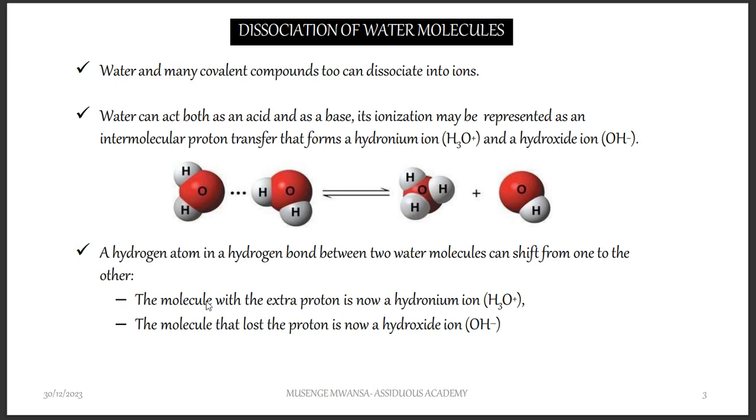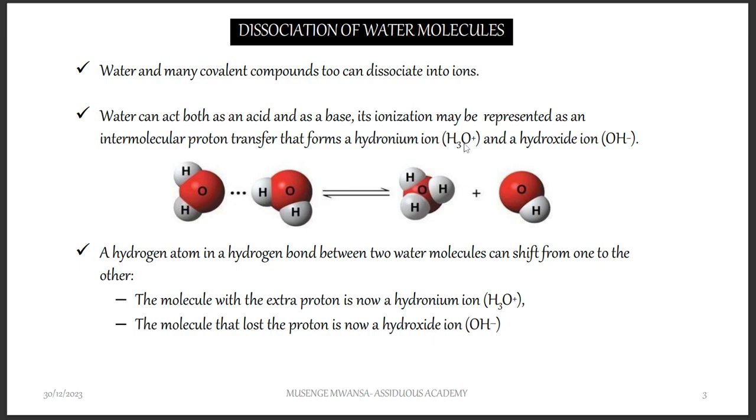So the molecule that has got an extra proton is the one that was acting as a base, isn't it? Because according to the definition of acid and base, a base is a proton acceptor, an acid is a proton donor. So that is how water can end up ionizing.